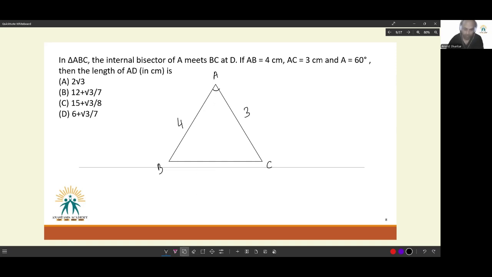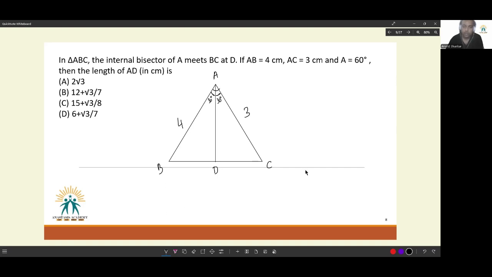Let's say this is D. Because this is the internal bisector, can I say this is 30 degree? This is also 30 degree.